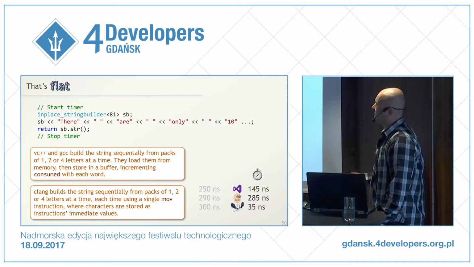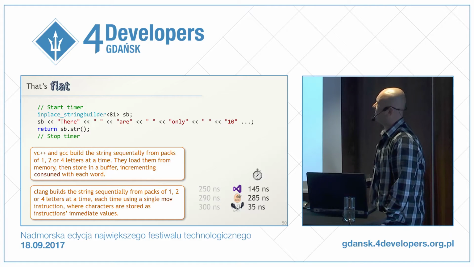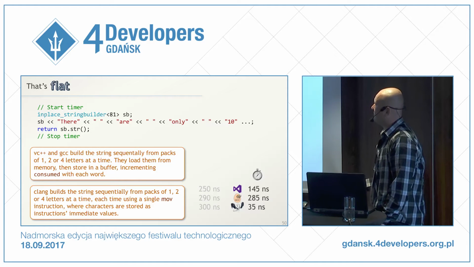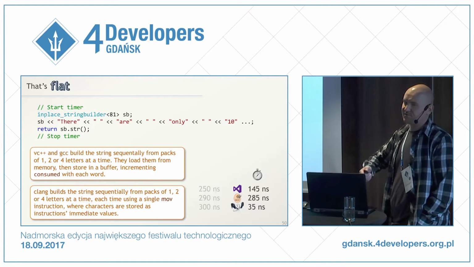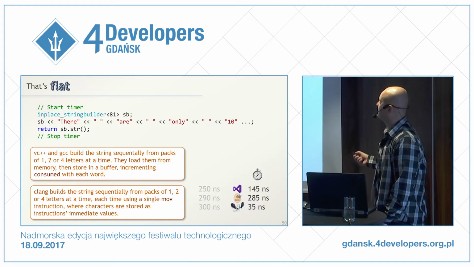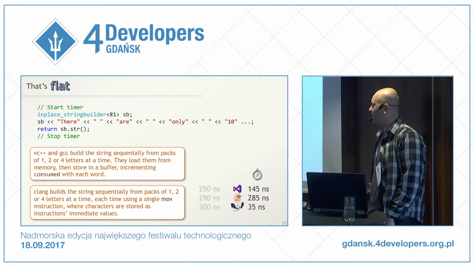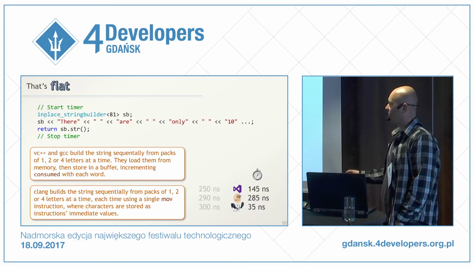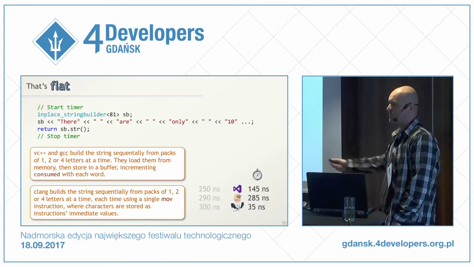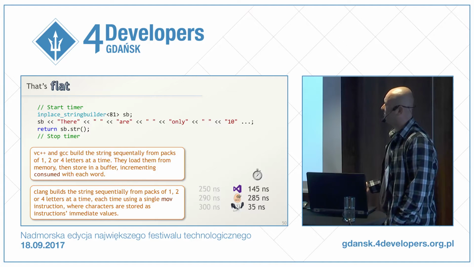They build the string sequentially by moving a few letters at a time from memory to the registers, so 1, 2, or 4 letters at a time. They load them from memory and store them into a buffer. Every time, consumed is incremented. This reflects this series of append calls. Clang does something different. Actually, it copies the data, but the copy is just one instruction, and it does not load letters from memory.